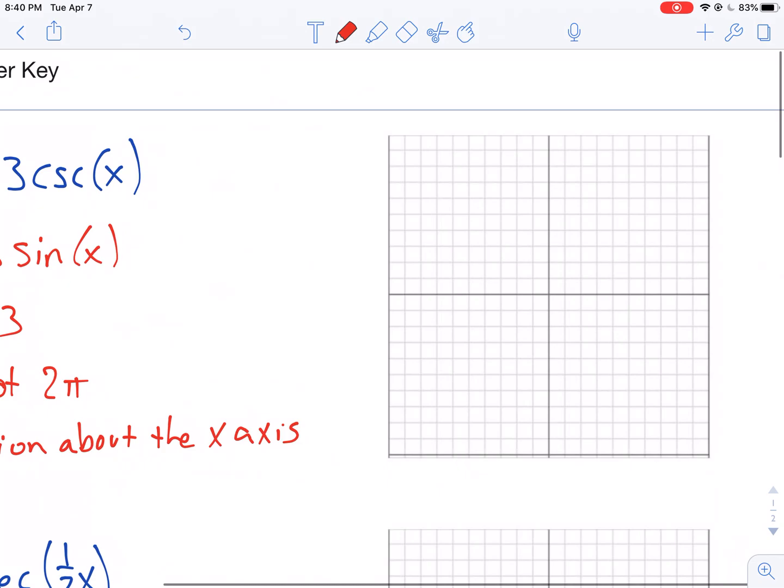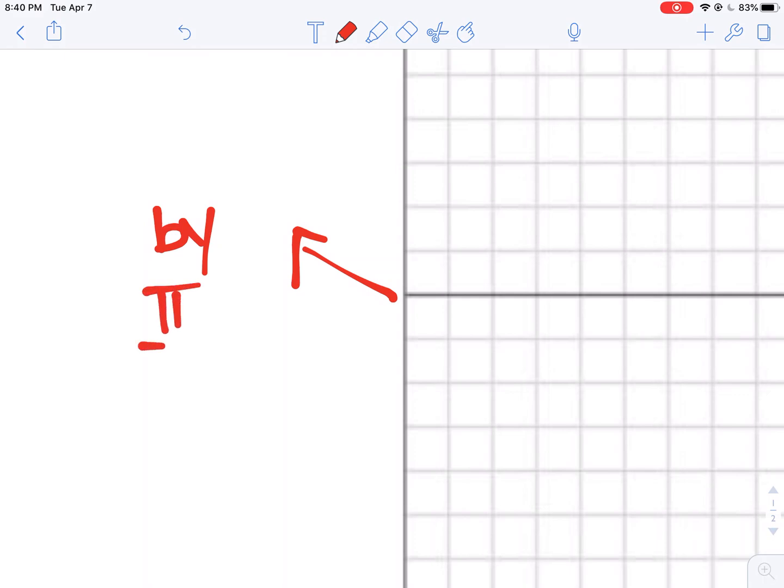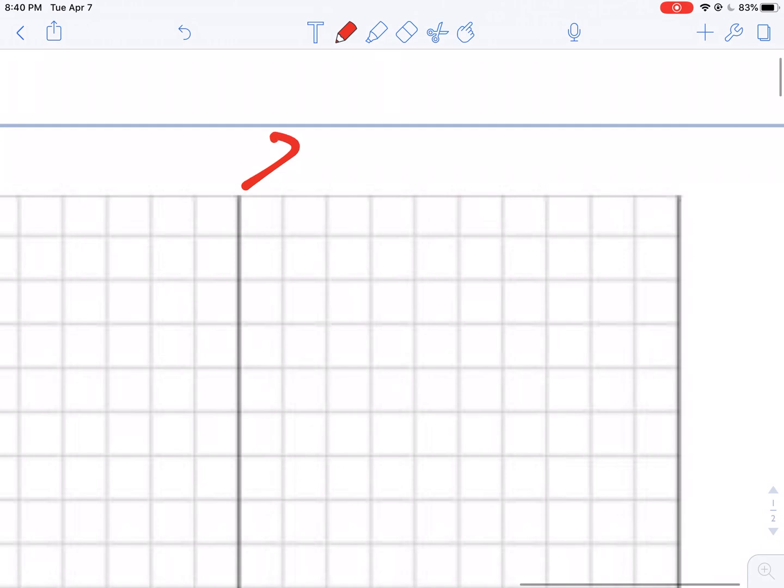So I'm going to go ahead and graph this function of sine. Let's scale my x-axis by pi over 4s. And let's scale my y-axis by 1s.